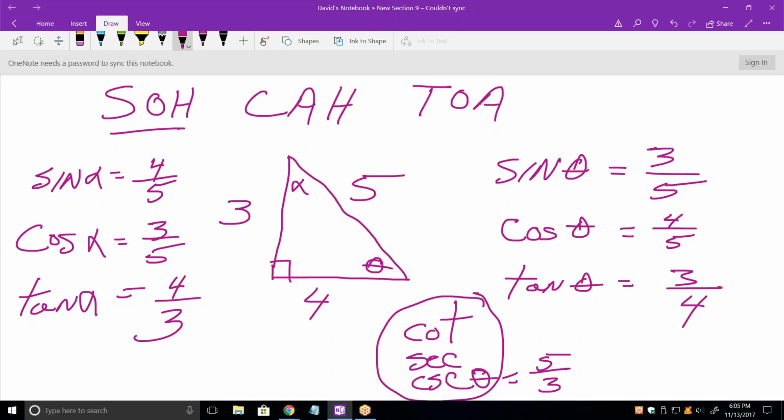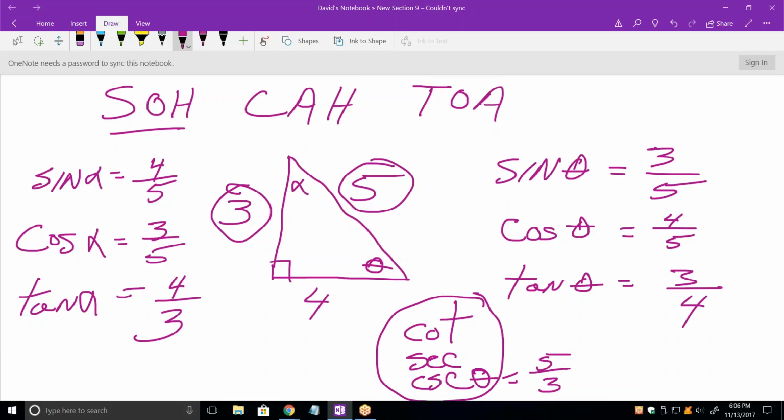We don't need to talk about these three, but I wanted to make you aware that there are three other trig functions that are merely the reciprocal. In other words, the cosecant of theta would be the hypotenuse over the opposite. That's how I would get 5/3. So you're just switching the two. That's what the reciprocal means.